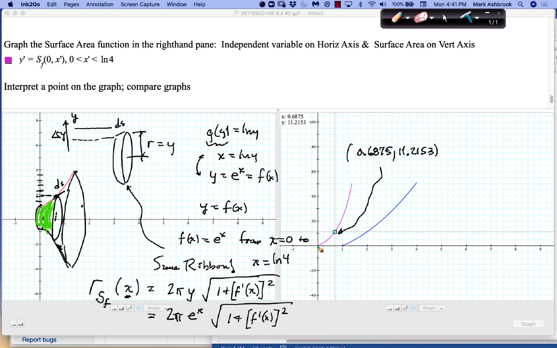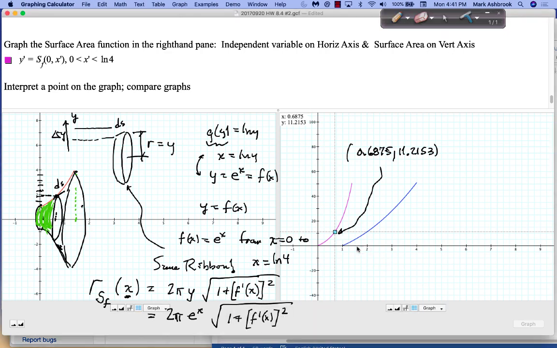So we're seeing that. So x varies from 0 to natural log of 4. y varies from 1 to 4. So how do we see the total surface area of the bell in this graph? Well, that occurs when x reaches natural log of 4. When we reach here, then we've accumulated all the surface area on that bell, and so we should get the same value that we got before.